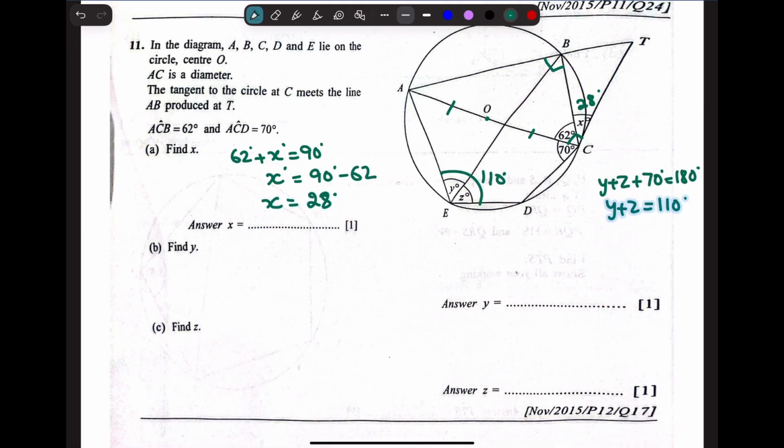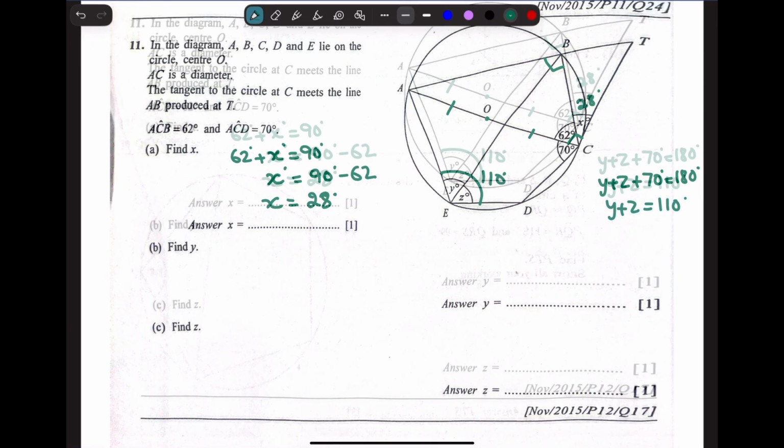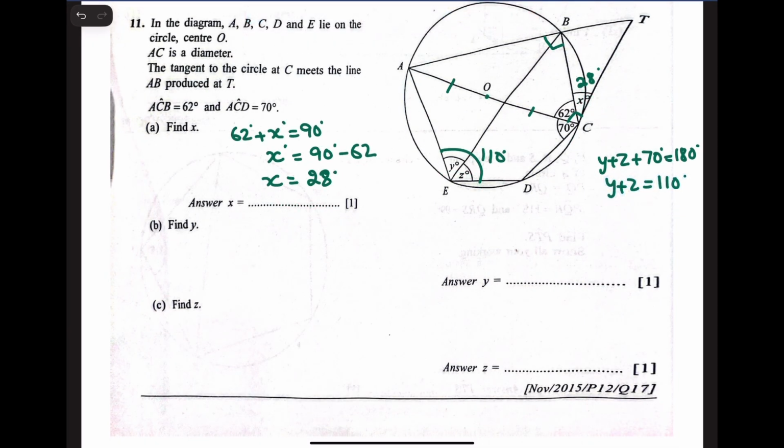Okay, what else do we have? Okay, we have another cyclic quadrilateral here. So look at the quadrilateral BCDE. Okay, so all 4 points are on the circumference.